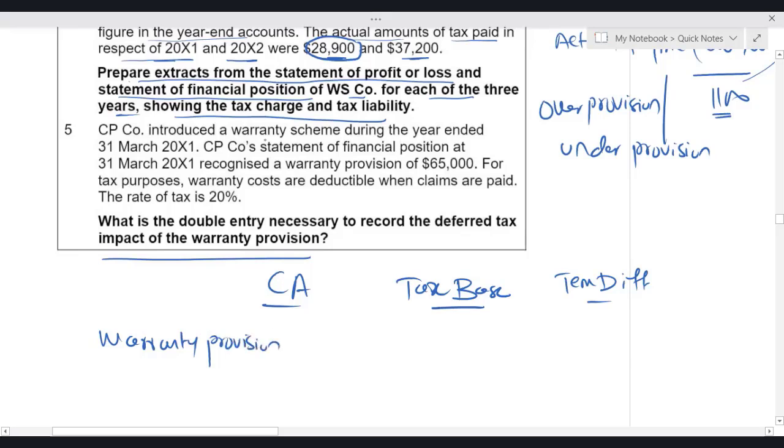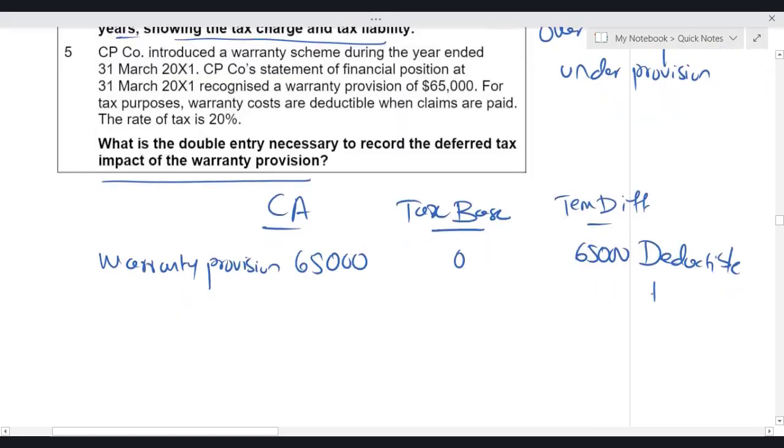CP company introduced a warranty scheme during the year ended 31st March X1. CP company's statement of financial position at X1 recognizes a warranty provision of 65,000. Tax base will be 0. So 65,000 is a deductible temporary difference. Deductible temporary difference multiplied by tax rate gives us deferred tax asset 13,000.